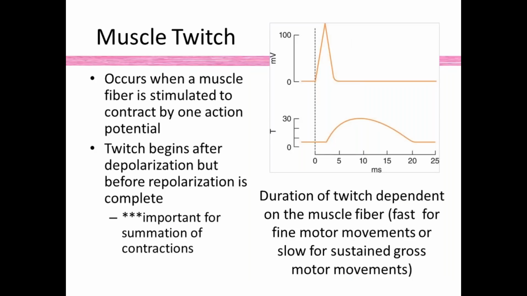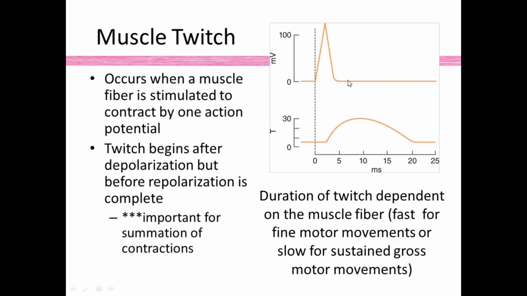Okay, so now we'll zoom in on the skeletal muscle and talk a little bit about the strength of contraction and how to get a more powerful contraction. At the top, we have one single action potential being delivered by the motor neuron.